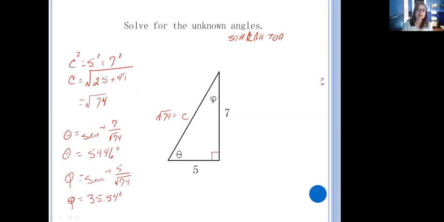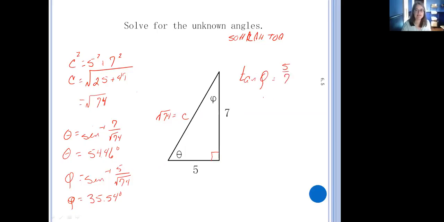All right, suppose I didn't want to find the hypotenuse. What else could I do? Well, I could use the fact that the tangent of B is equal to 5/7.